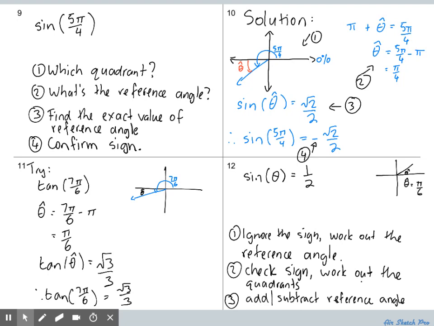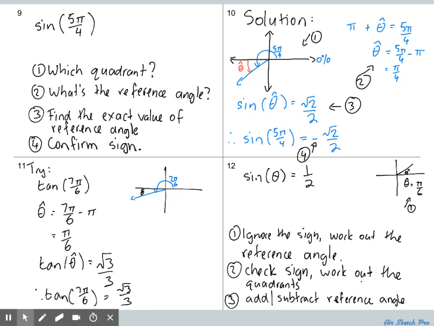Okay, so that's step 1. Then we need to work out, checking the sign, the quadrants that theta must be in. Okay, so I'm going to spell this out. You probably don't need to be so formal as I'm about to do.